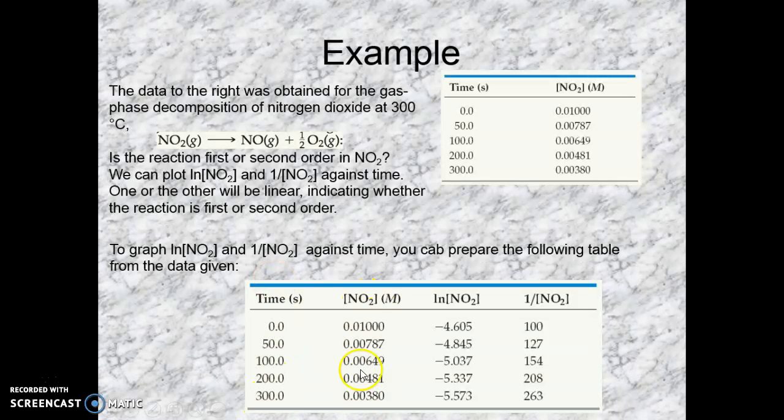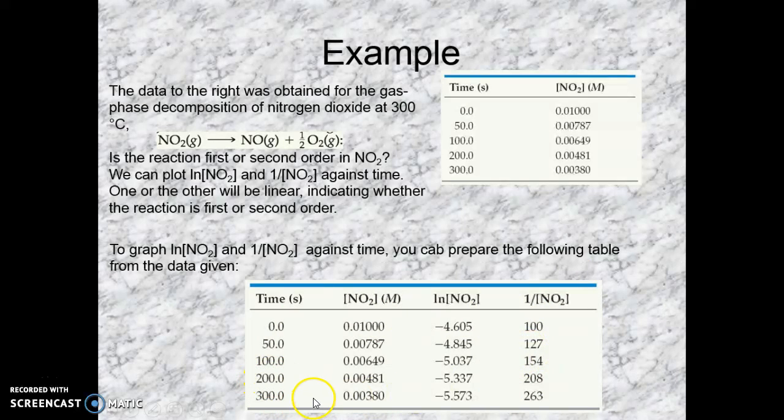We've got just the straight up concentration. So if this were a linear relationship, it would be zero order. If we take the natural log of these concentrations, if this is a linear relationship, it's going to be first order.